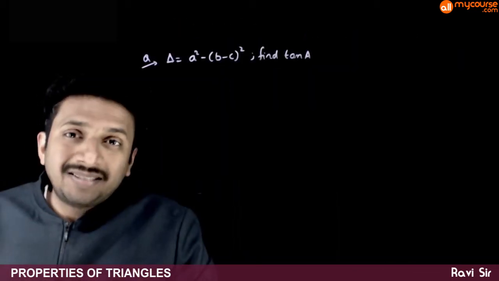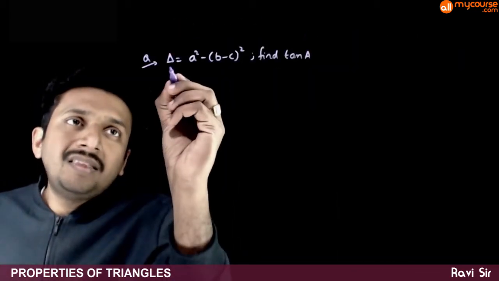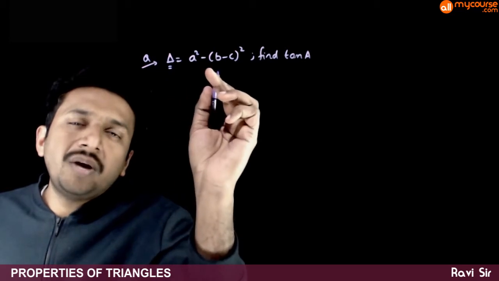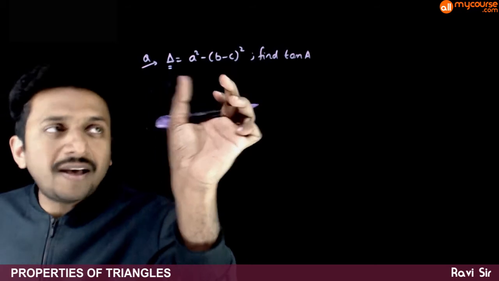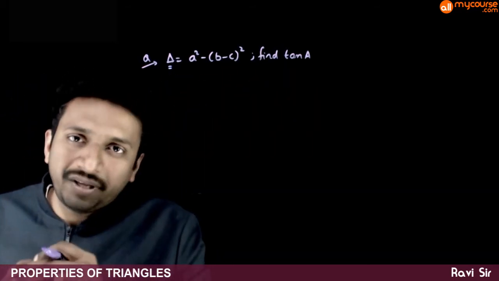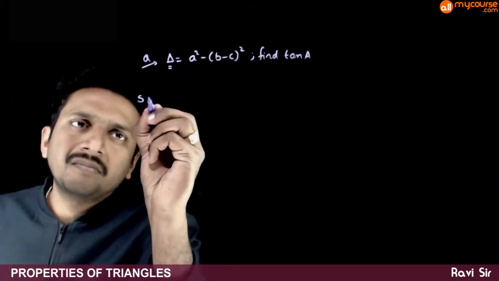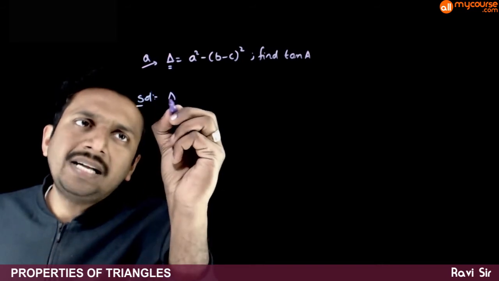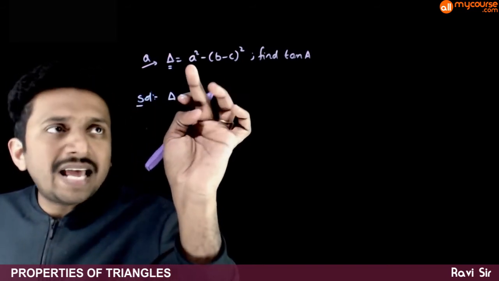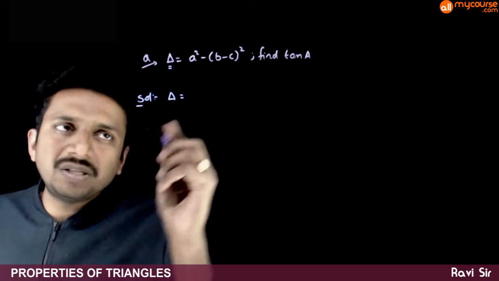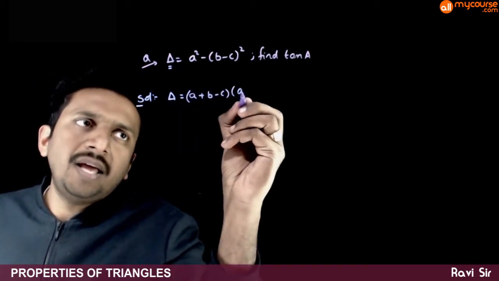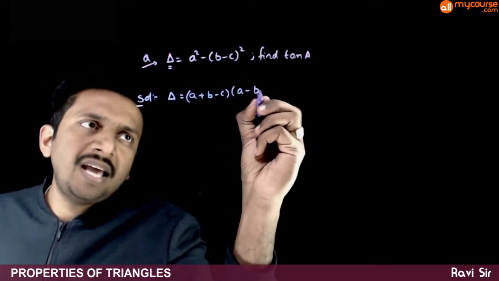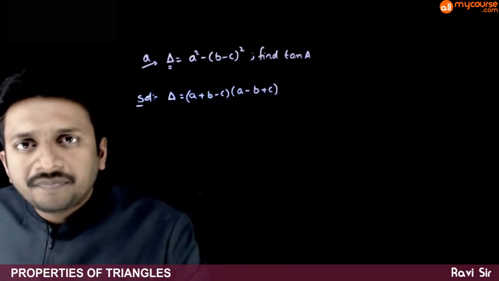So let us look at an example. In this question, the area of the triangle is given as a square minus (b minus c) whole square. If this condition is valid, what is the value of tan A? So delta is equal to, this expression is of the form a square minus b square, that's nothing but (a plus b minus c) into (a minus b plus c).